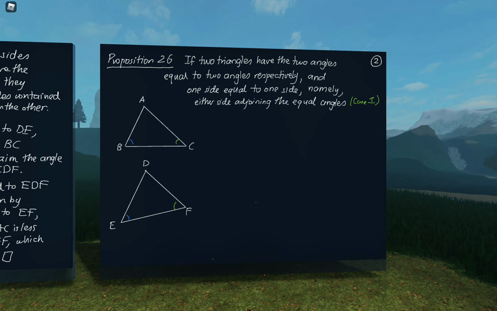So case 1 is where BC is equal to EF. Or the other case, that subtending one of the equal angles.